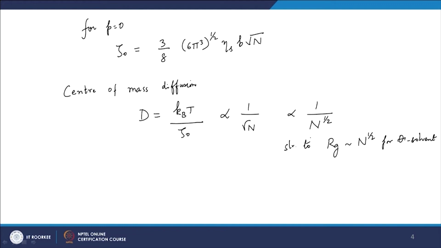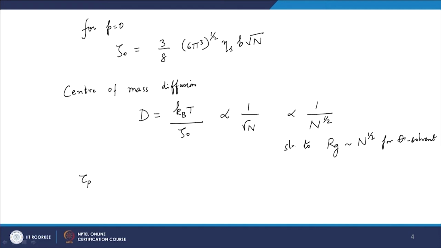Okay. So, that is how we have established that the exponent of the static scaling that we get for R_g is the same as the dynamical scaling we get for the diffusion coefficient.